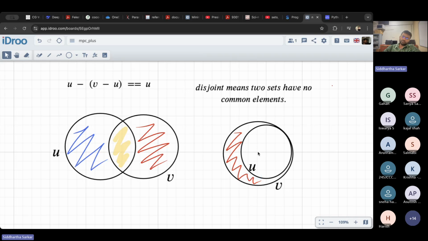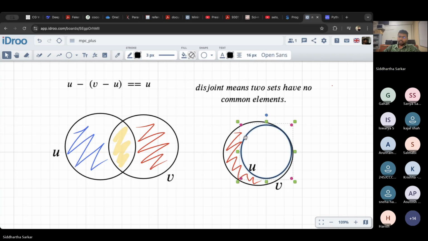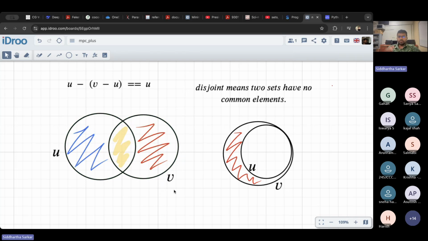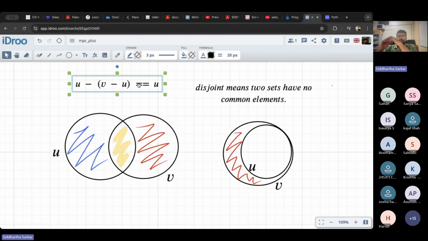So left side and right side are U, both are U. But it is not necessary that U should be a subset of V, because we have seen the most general situation, that U and V have some overlap, some regions are common, and some region is unique to U, some region is unique to V. Even in this situation, the left hand side and right hand side are equal. Even if you do not impose any restrictions on U and V, in the general setting also, this equality will be true.